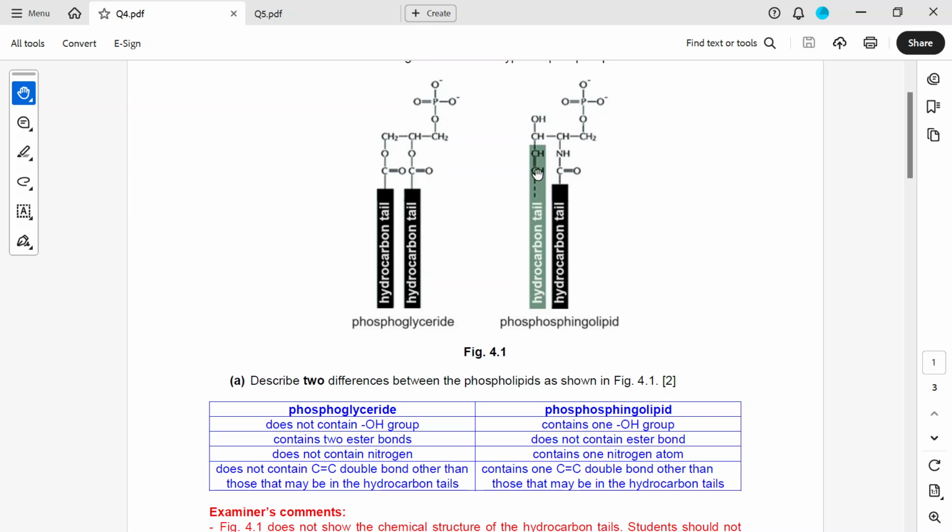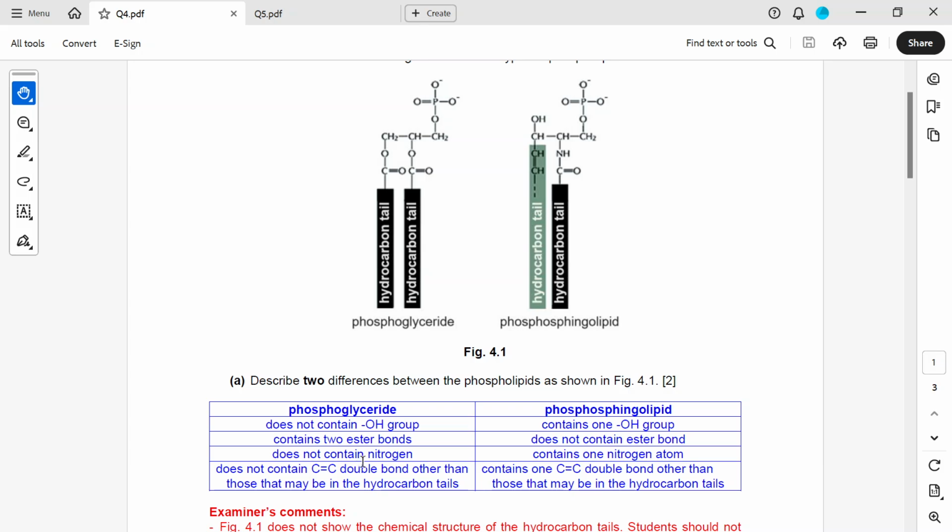Then the C double bond C that you can see here, I suppose that's the reason why most of you mentioned that this hydrocarbon tail in green is unsaturated and the rest are saturated. But again, we wouldn't know whether within the hydrocarbon tails themselves there are any double bonds.